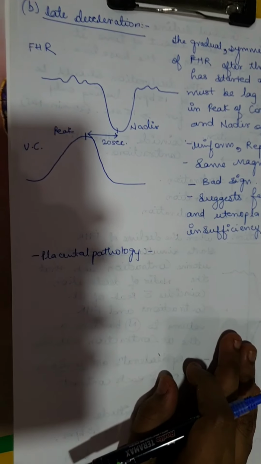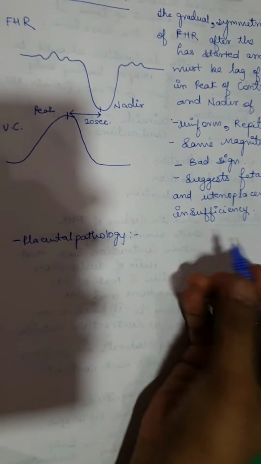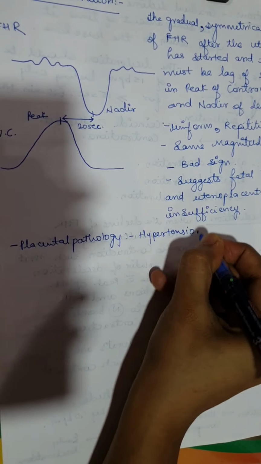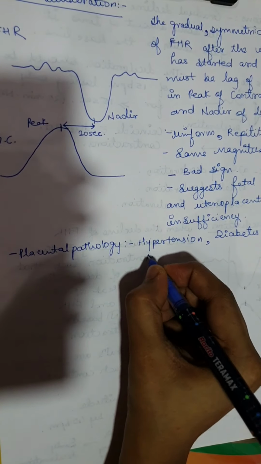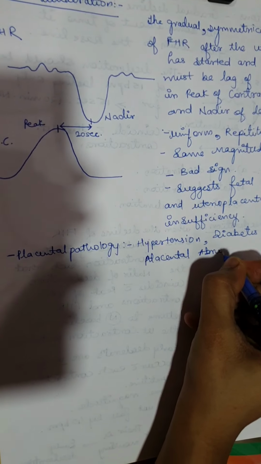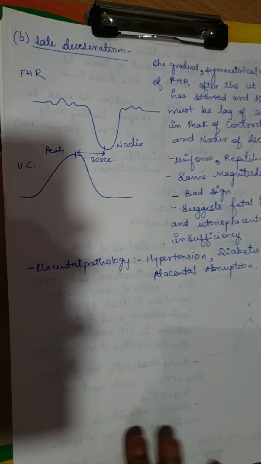These are the causes which come under placental pathology. So it might be hypertension, diabetes, or placental abruption. In these cases, we could see late decelerations in the graph.